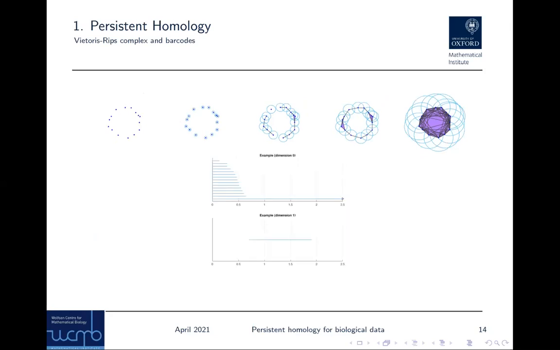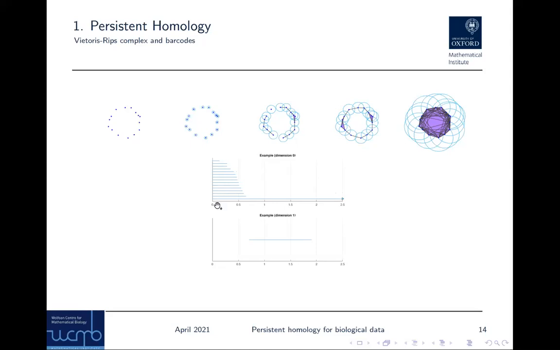Now, there's a very nice visualization which you can use to keep track of what is happening to the topological invariants along your filtration. And this is a so-called barcode. So on the x-axis here, we have filtration values. In the case of the Vietoris-Rips filtration, this is the radius epsilon, which you use. And then every bar represents one topological feature. So this means in dimension 0, every bar represents one connected component.